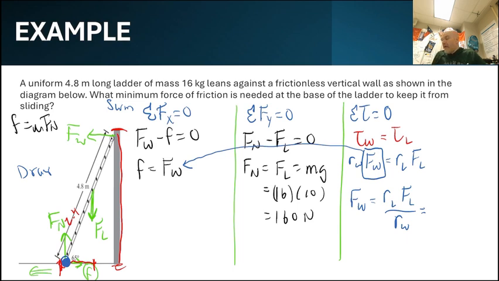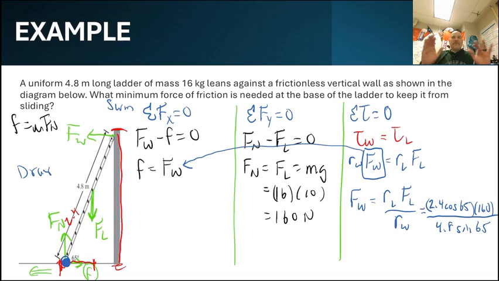Now R_L, the ladder, is going to be 2.4 cosine 65. And we know that it has a force of 160 newtons. And then the other one is going to be 4.8 sine 65.